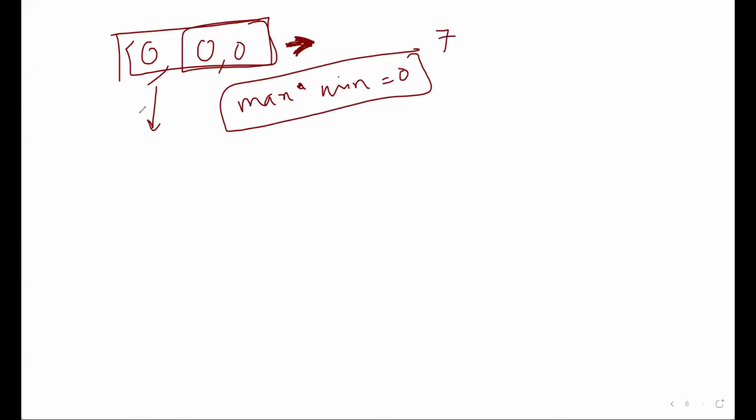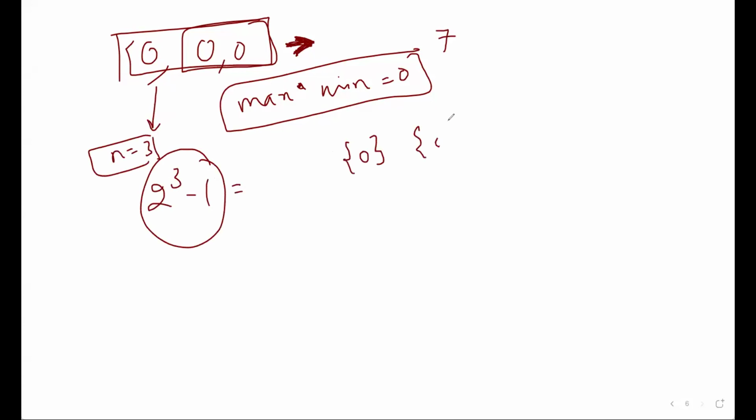Because if we go by the formula, n is 3. So 2 to the power 3 subsequences are there, but one is empty. So we need at least one element in it. So these are non-empty subsequences. Better if I write their indexes.